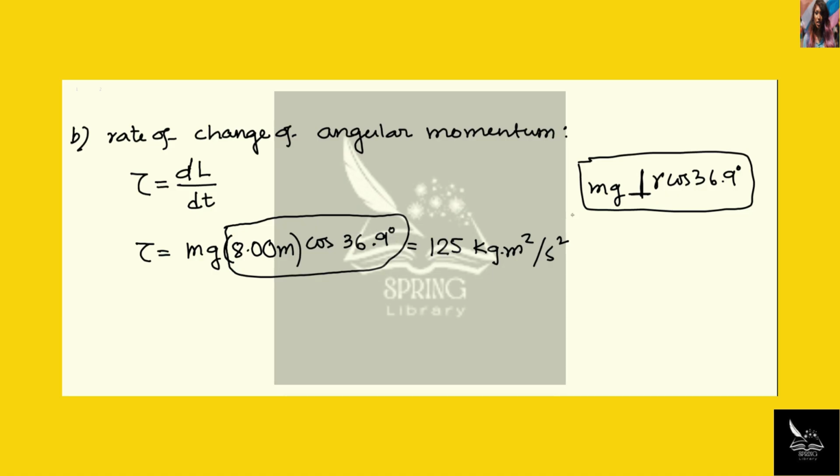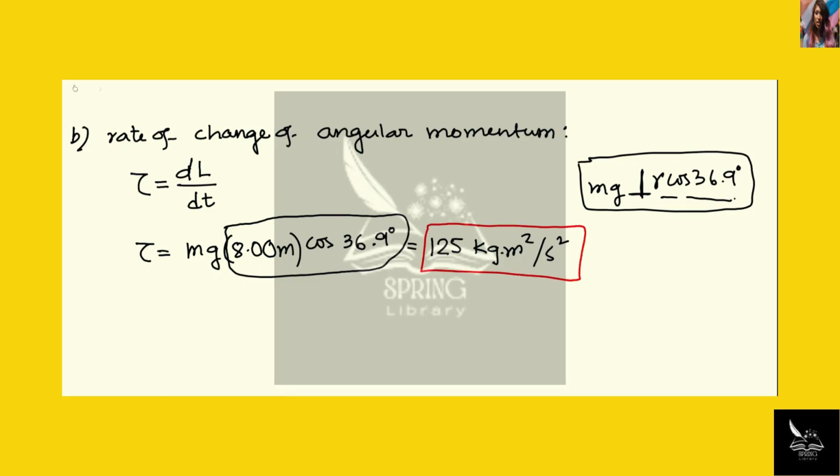The reason we're taking this is because the only force acting on the rock is the weight. So we're taking the force component, and then we're taking the perpendicular component of the radial vector relative to the force, and that's how we figured out r cosine 36.9. From there we see torque is 125 kg meter squared per second squared.